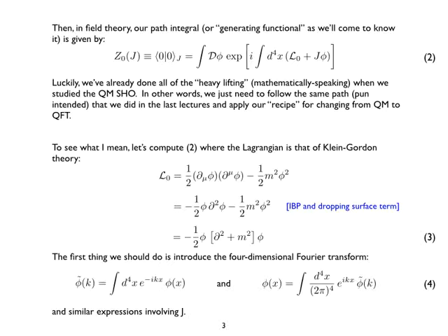So the first thing I want to do is put the Lagrangian in a particular form. We start out with the Lagrangian for the free Klein-Gordon theory, which you should be able to write down on a piece of paper anytime I say write it down. Then what I want to do is use integration by parts, so I move one of these derivatives onto the other one, and I get something that looks like del squared.